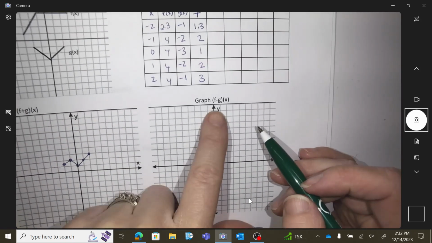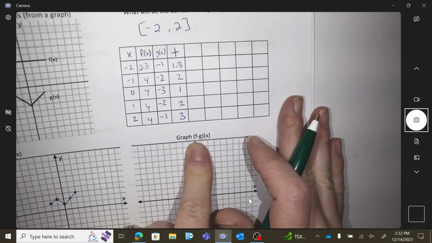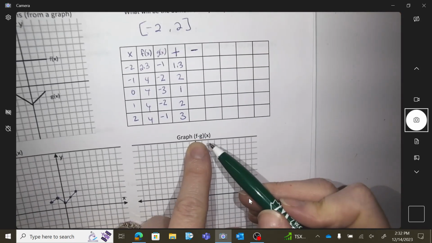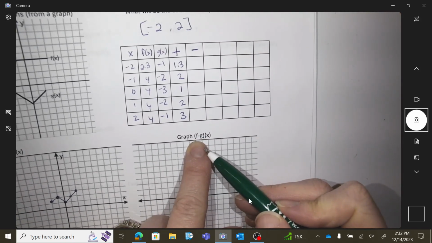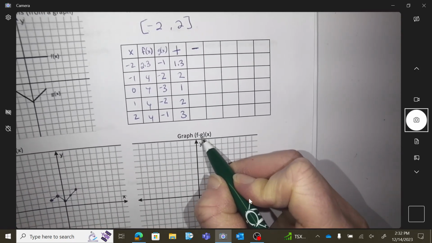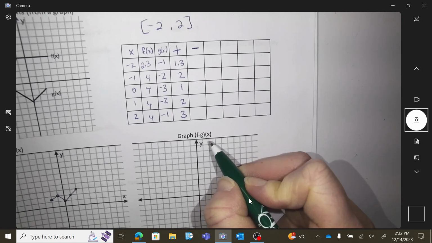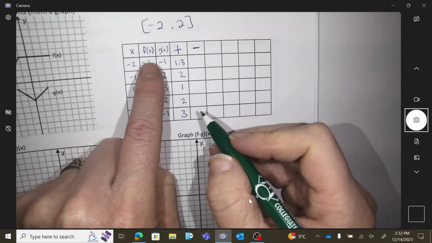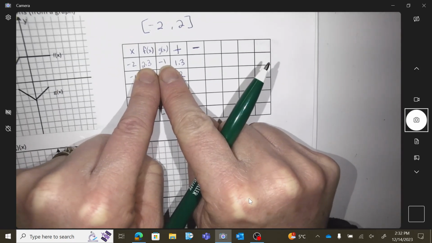Okay, you ready for the next question? So this one says to subtract the functions. So the order matters. This one says I am doing the f, subtract the g. Do you understand with subtraction, if you change that, it's a different number, right? So I have to go the f, subtract the g.